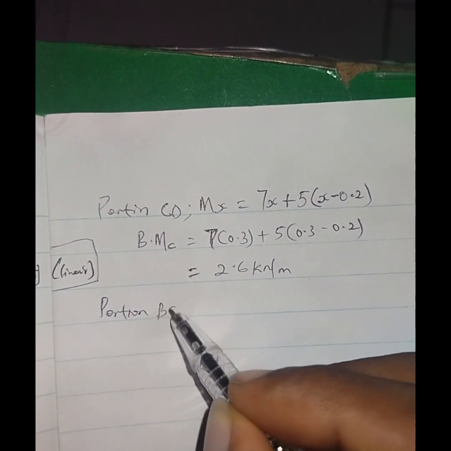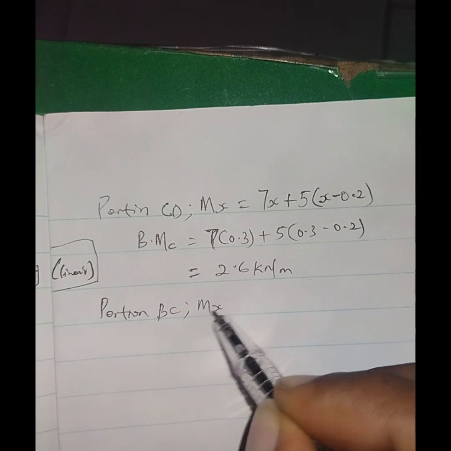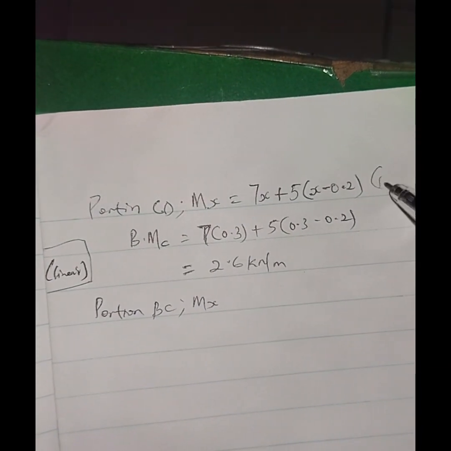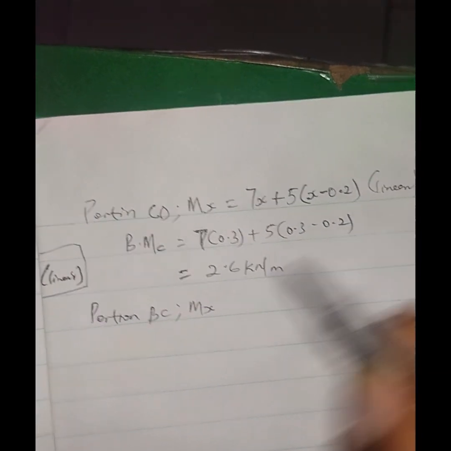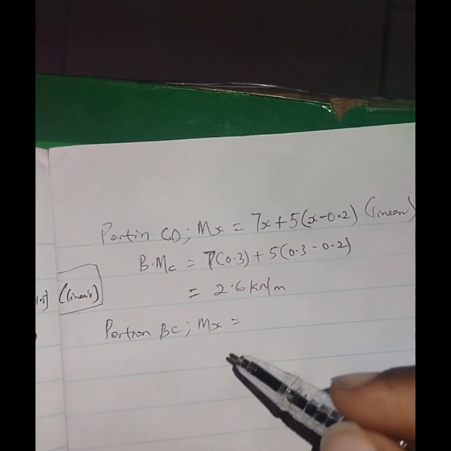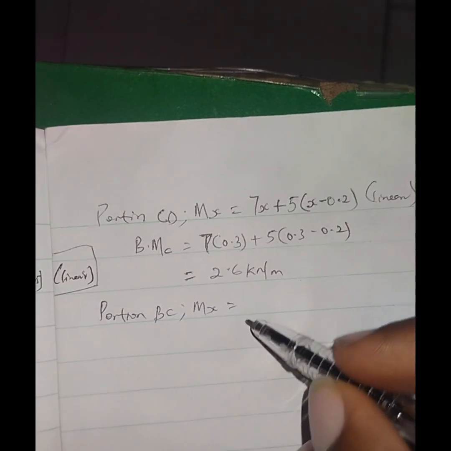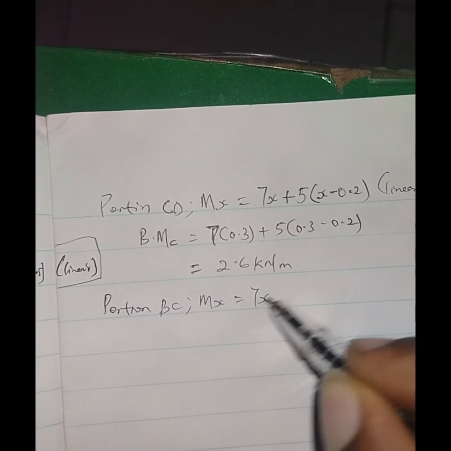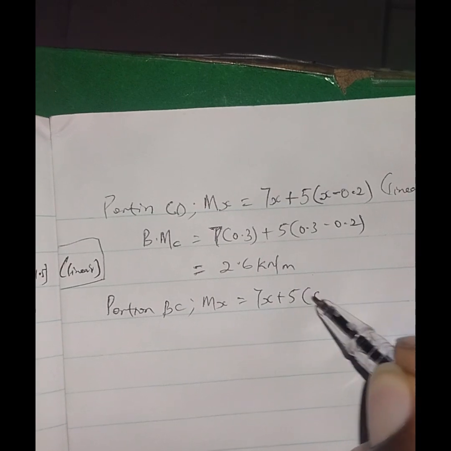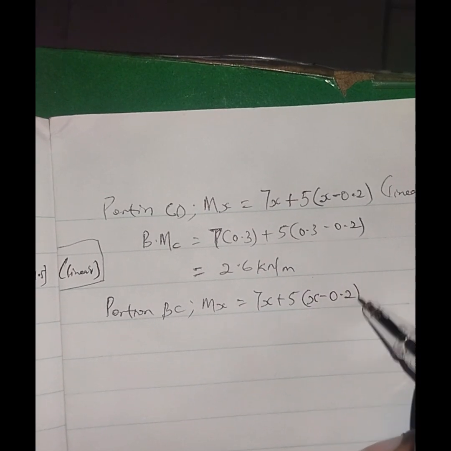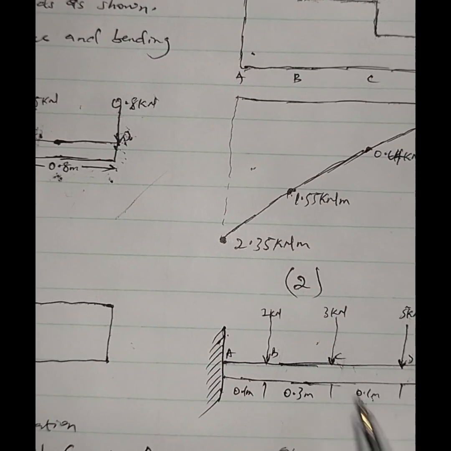Portion BC. M of x, this is also linear. So now M of x is equal to 7x plus 5 into bracket x minus 0.2, then plus, this is BC.